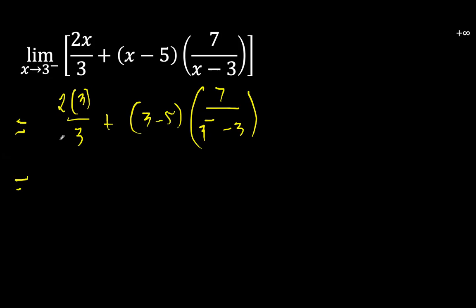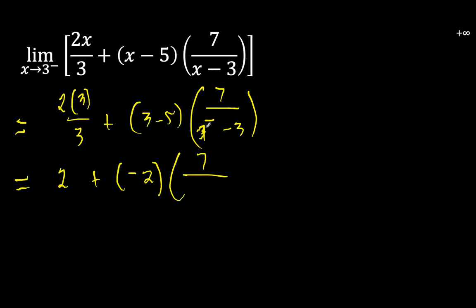So let's simplify this. I have here 2 plus negative 2, 7 over, again, this is 3 from the left. And the values that we're going to consider here are values which are less than 3 but close to 3.